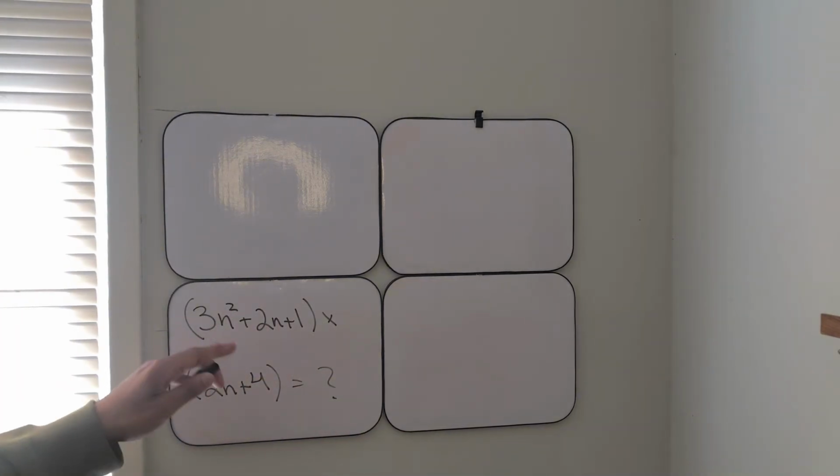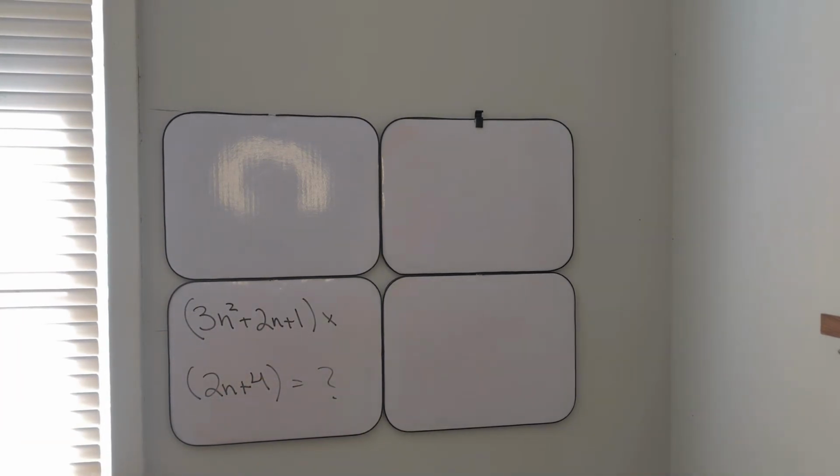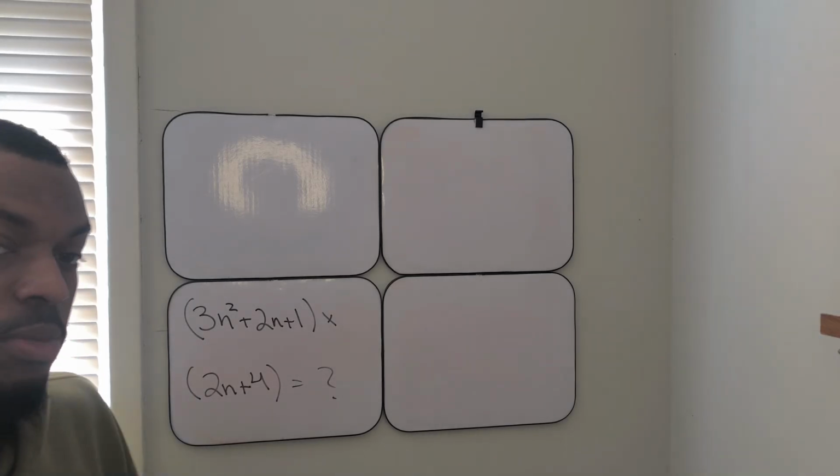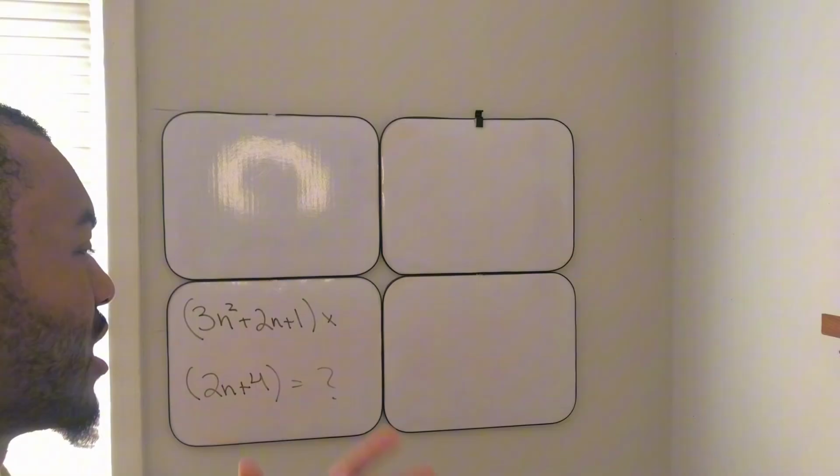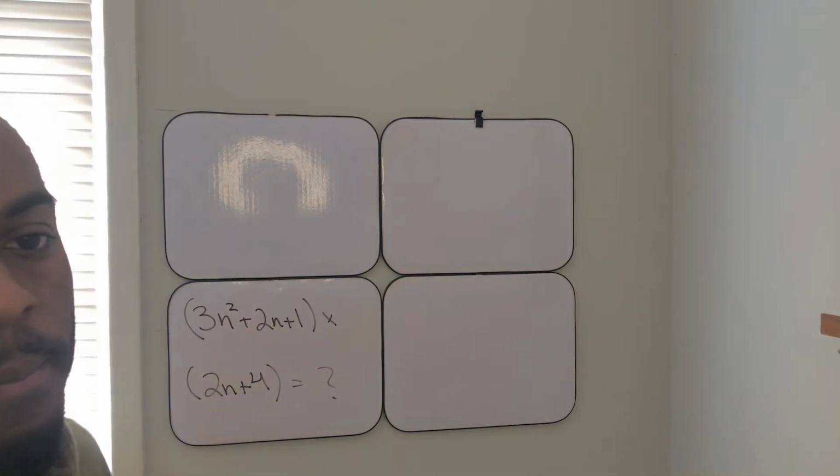But what is this? 3n squared plus 2n plus 1 times 2n plus 4. So what you essentially want to do again with multiplying polynomials is multiply each of the terms by each other and then combine when simplified.